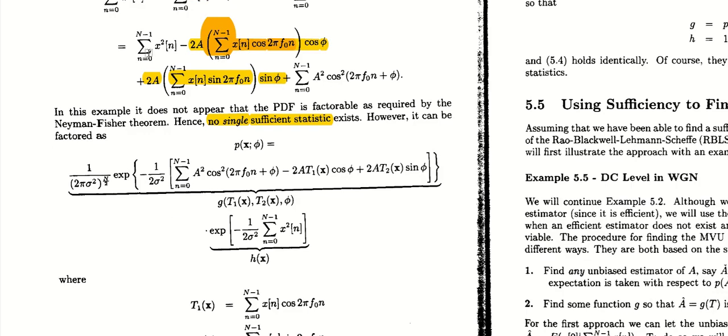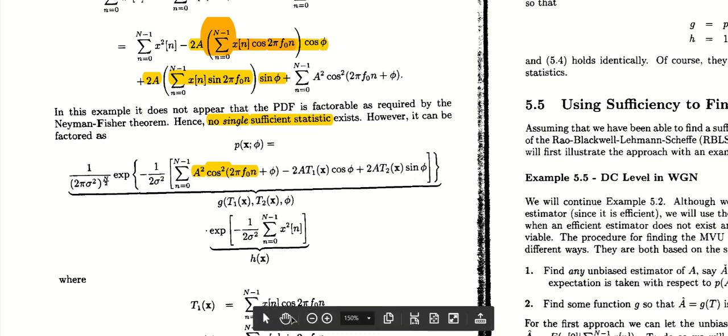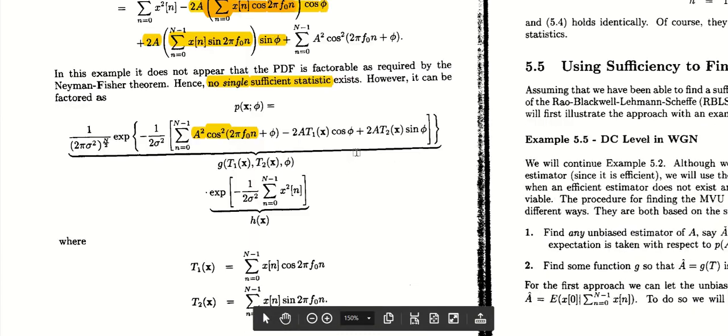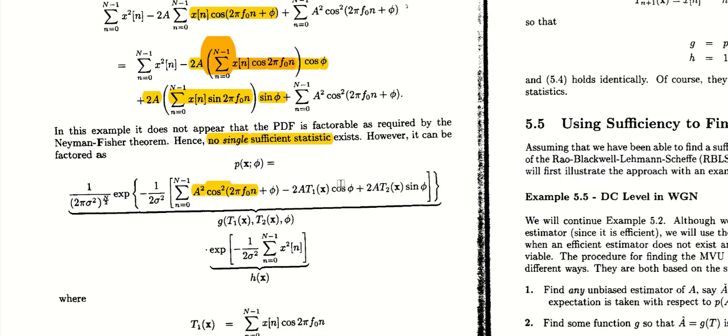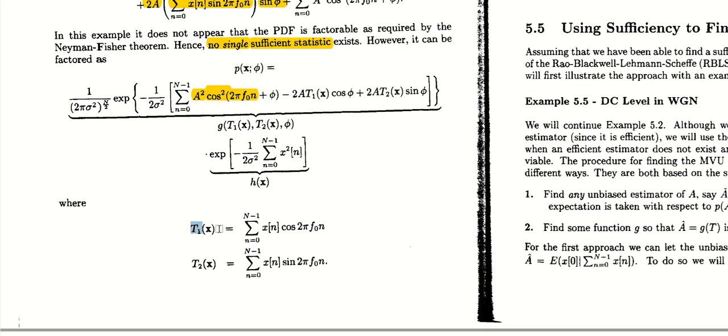Okay, so you write this out, you get this exponent, and then the rest is put into this form. So you have a squared cosine square here, right? You have this goes to here, and then you have this and this goes to here. And what happens is you try to write this as T1, write this as T2. So you get T1 equal to this, T2 equal to this.